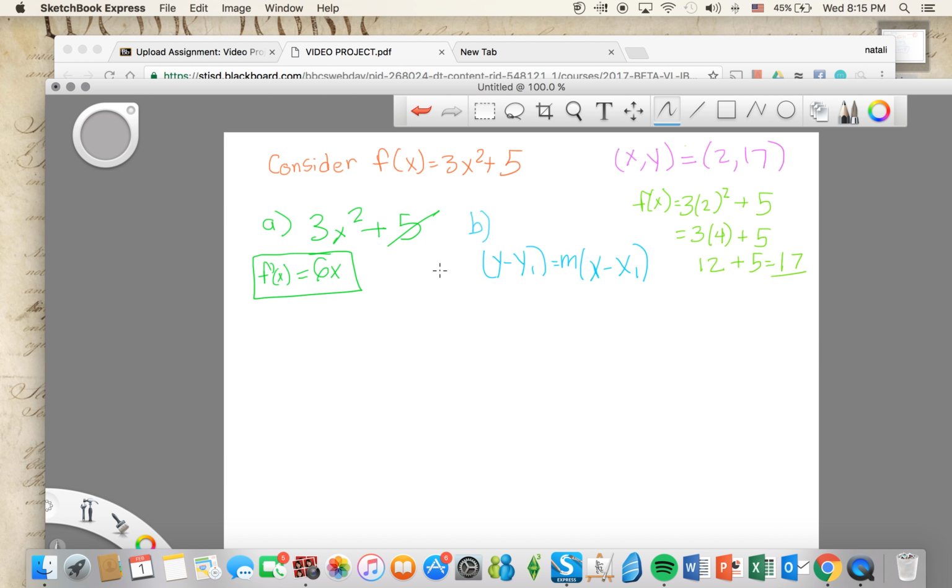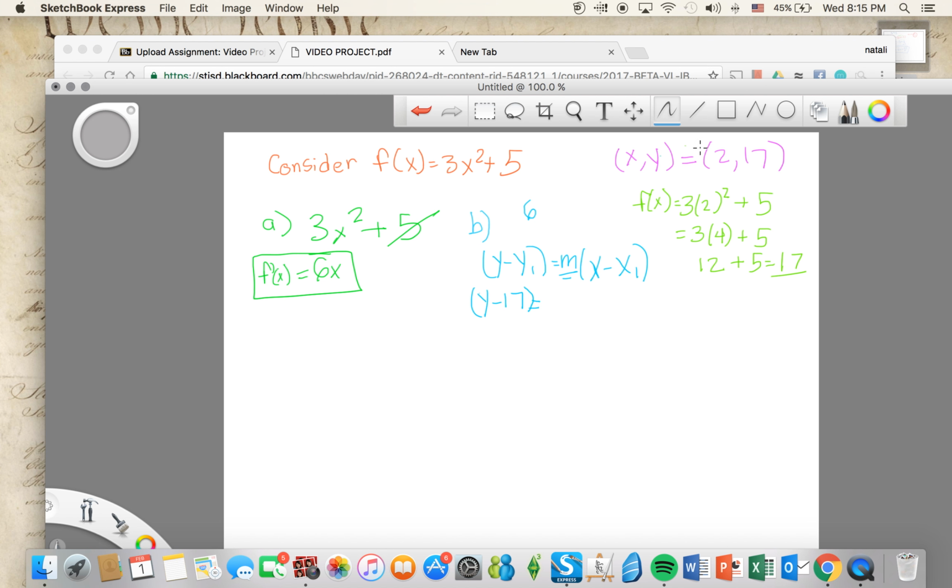So it's just a matter of inputting, really. We're just going to solve that. The y stays the same. Our 17 was our coordinate, so we're just going to keep that the same. And this is what we need to find, our m, but that's really easy.